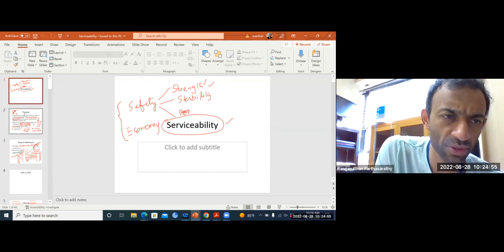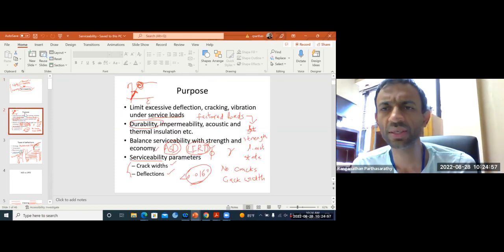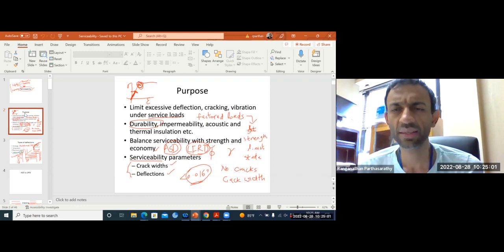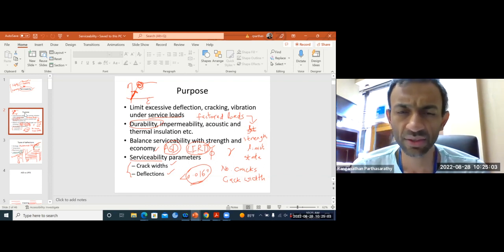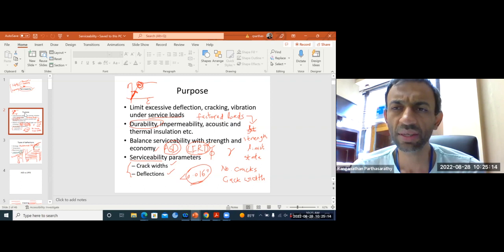So what is the purpose of serviceability in reinforced concrete design? You want to limit excessive deflection, cracking, and vibration under service loads. For bridges, floor slabs, any of these, you don't want excess deflection.